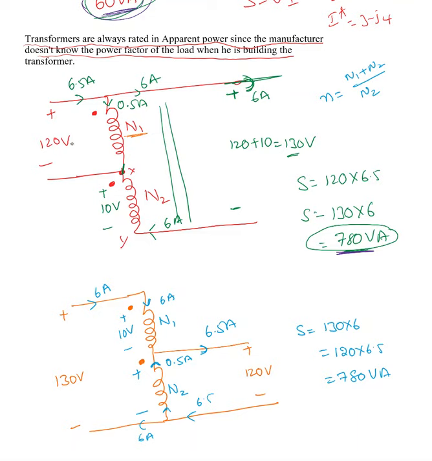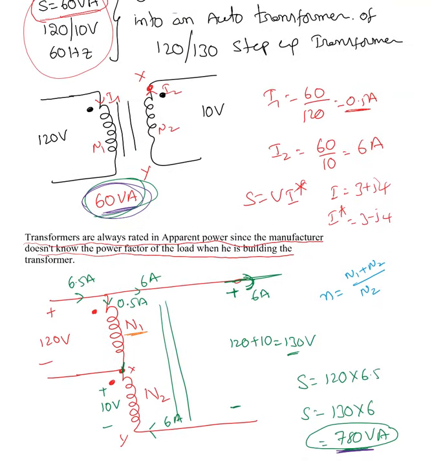Okay, so if you look at the voltage, I have 120 volts there, so N1 must be a lot bigger than N2. If I look at N1 to N2 ratio here, 120 by 10, so this is 12:1. So here this is 12, this is 1.